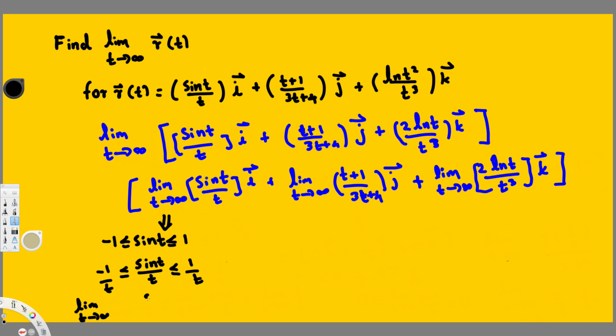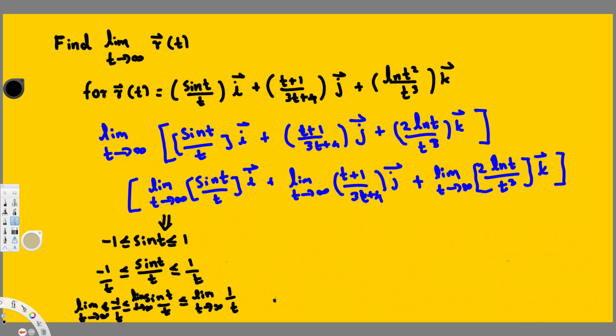Now, if this is true, then the limit as t approaches infinity of sine t over t should be between the limit as t approaches infinity of -1 over t and the limit as t approaches infinity of +1 over t, right? And we already know this is going to be 0, because -1 over infinity is 0, and 1 over infinity is also 0.